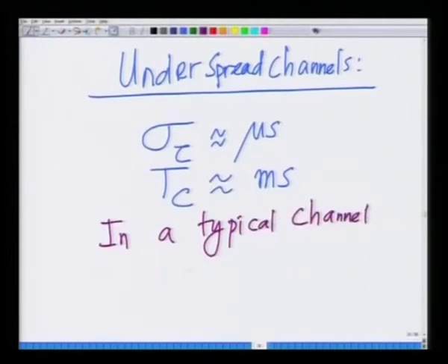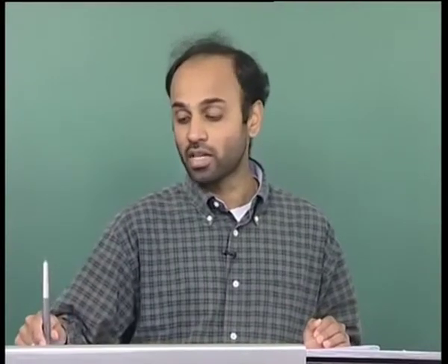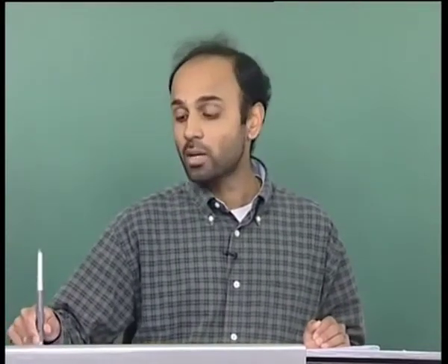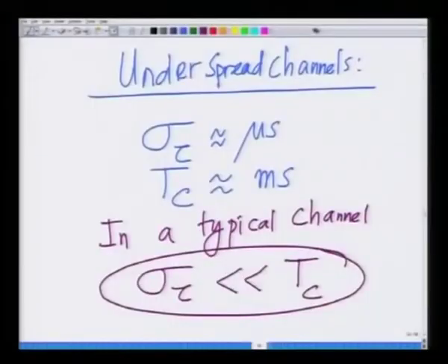the delay spread sigma tau is much smaller than the coherence time. So, in a typical wireless channel, the delay spread sigma tau, which is of the order of microseconds, is about 1000 times smaller than the coherence time, which is of the order of milliseconds.